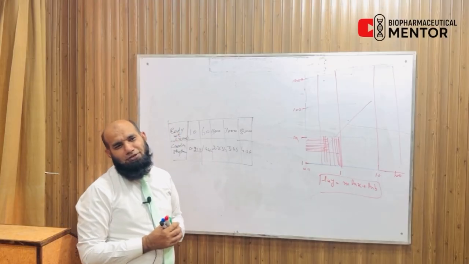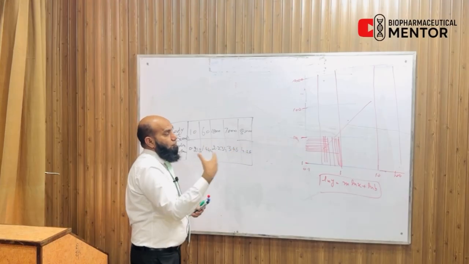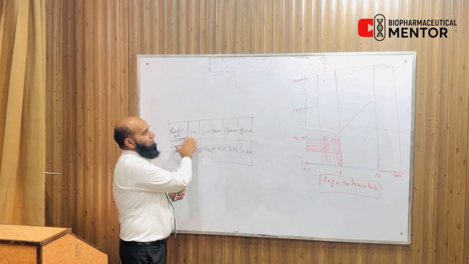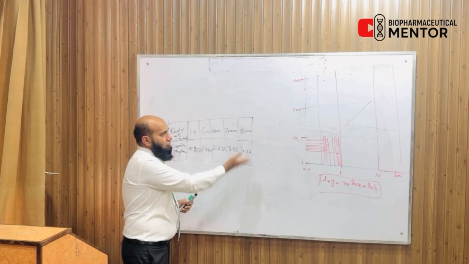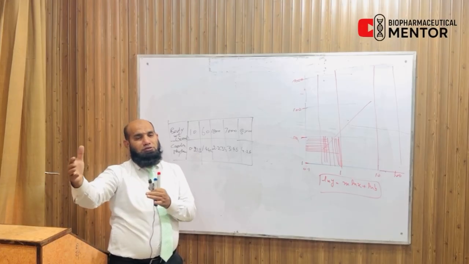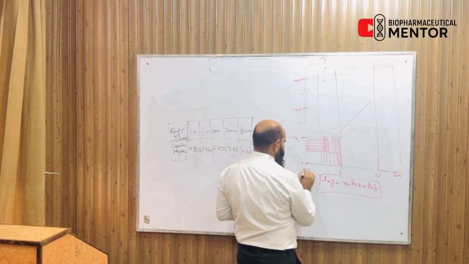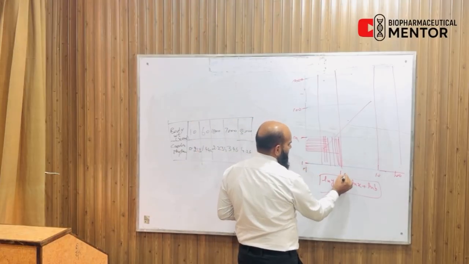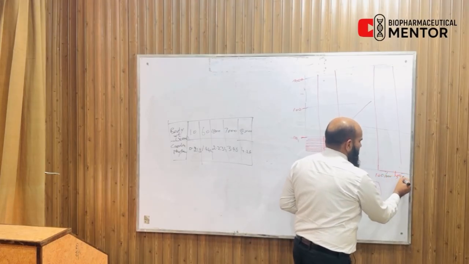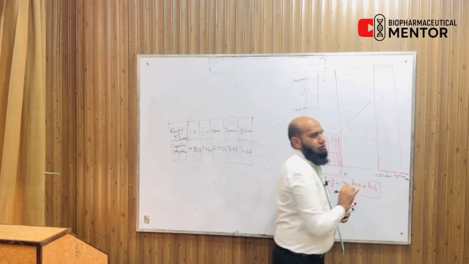Okay, when we make this type of data, then we have to move toward the x-axis and y-axis. On the x-axis, now we have a minimum of 10 and a maximum of 50,000. Now we have to move from 10 to 50,000. We can start with 1 here, 1, then 10, then 100, then 1000, then 10,000, and then 100,000.